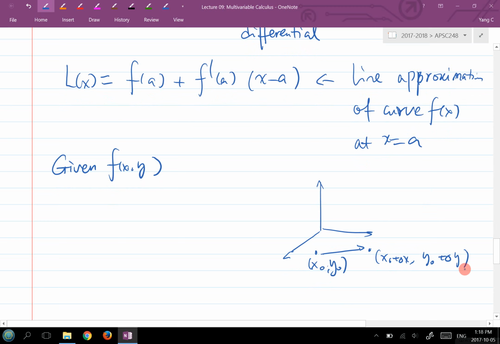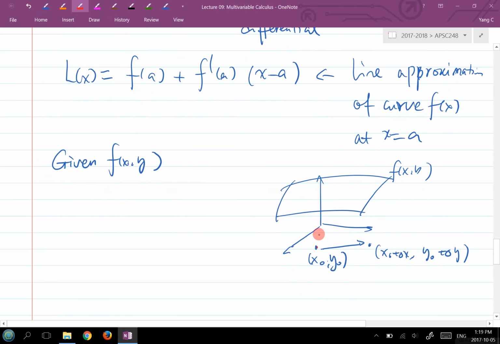Now, this is a given function f of x, y. For this particular function, as we learned, this can be represented by some type of surface. So this is your f of x, y here.